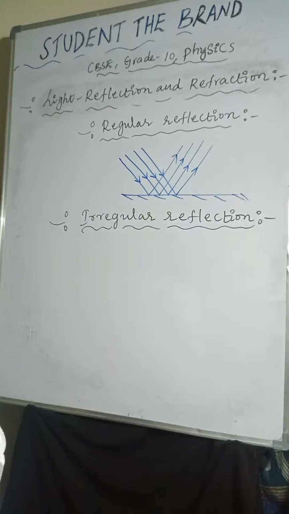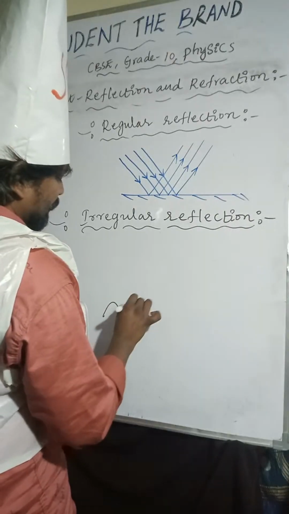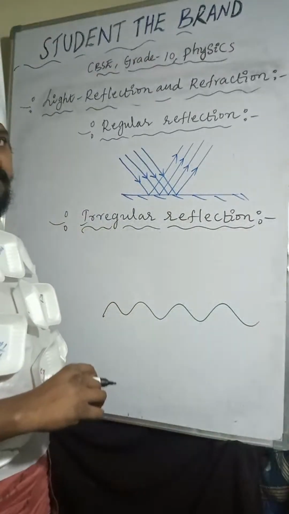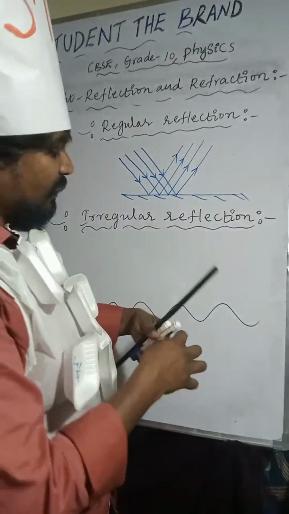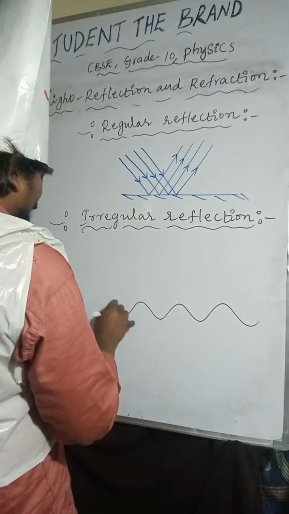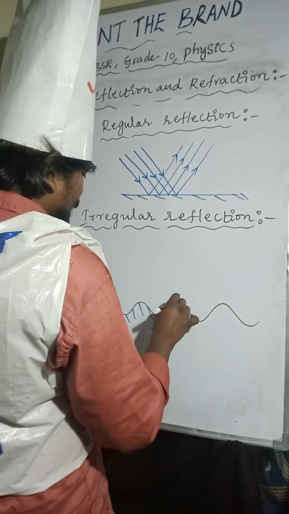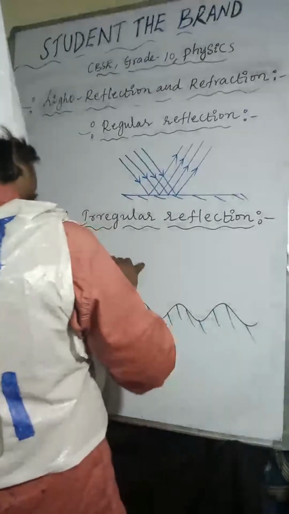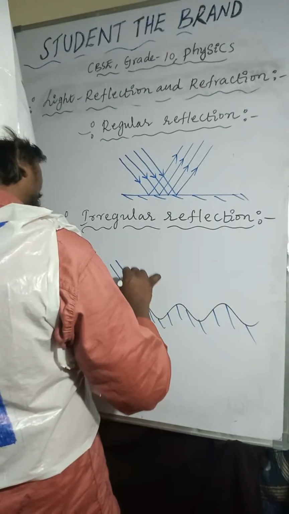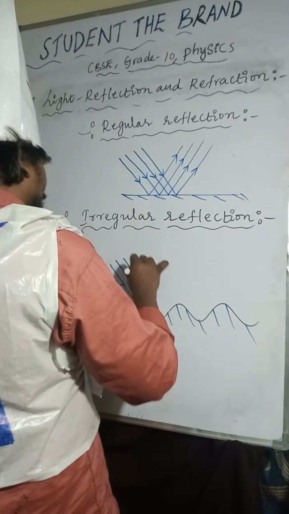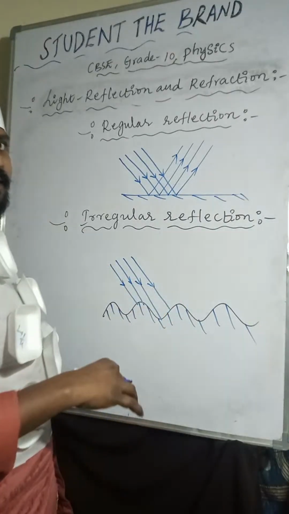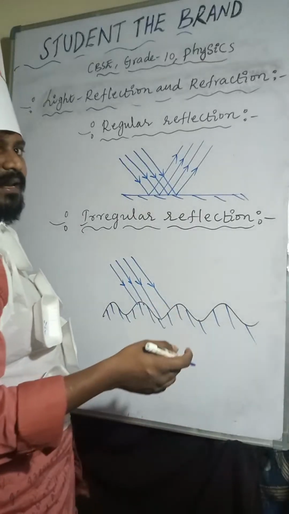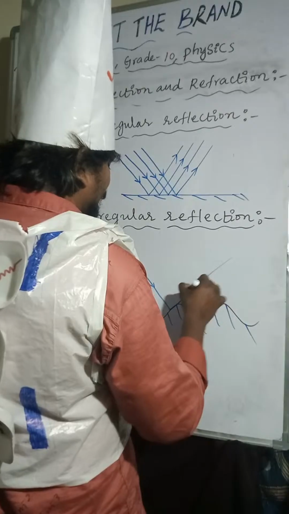Incident light rays are parallel, but reflected light rays are not parallel to each other. This type of reflection is called irregular reflection.